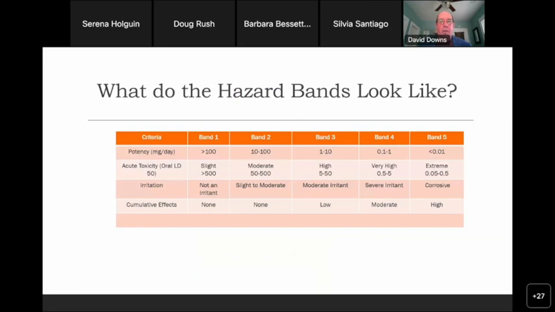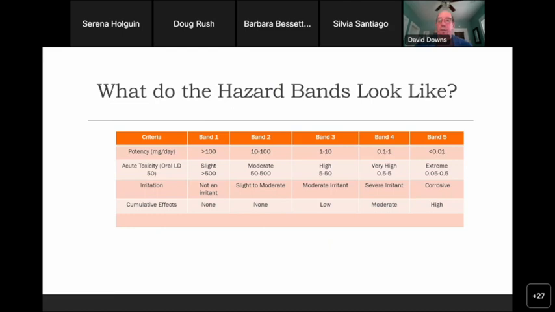So this is an example of what the hazard bands look like. There are multiple models that companies have developed and used. There are some very good consulting organizations who have also put together models based on some of these criteria and additional criteria as well. For example, you might look at the potency of the material, in terms of milligrams per day as a dose.